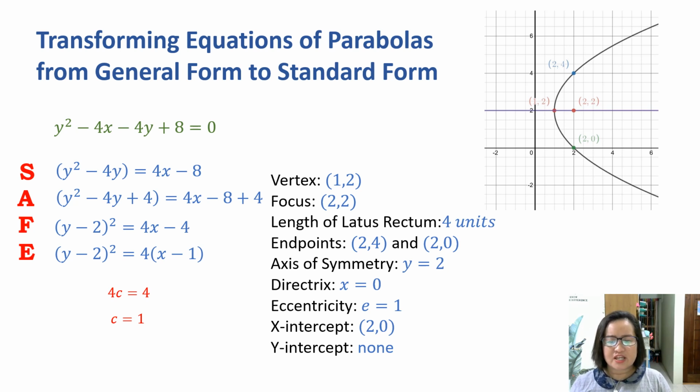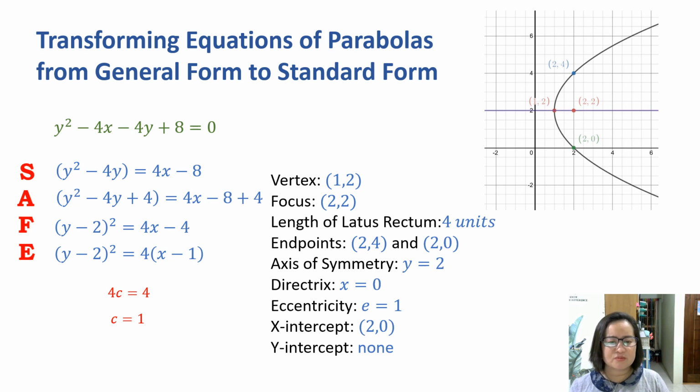Now we can say that there is an x-intercept if the graph passes through the x-axis. Without looking at the graph, how can we determine the x-intercept? We can just make y equal to 0. So if we have y equals 0, then we will have an equation negative 4x plus 8 equals 0.